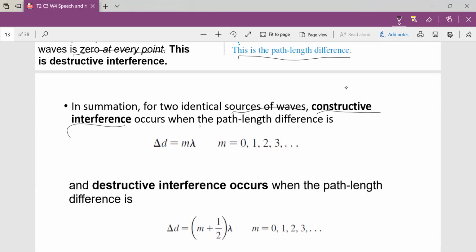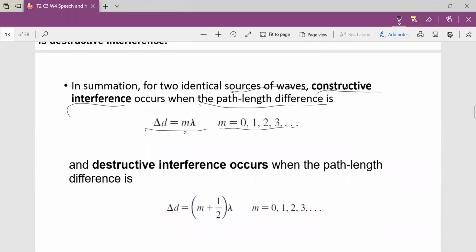And then the path length difference is given by this equation, change in D equals M lambda, and M is an integer. Remember what your M is, your mode number. And for the destructive interference, that is a case where the distance between them is a fraction of the wavelength.